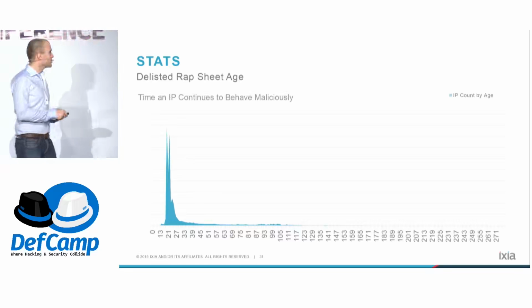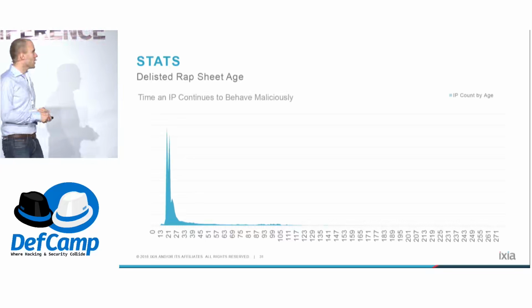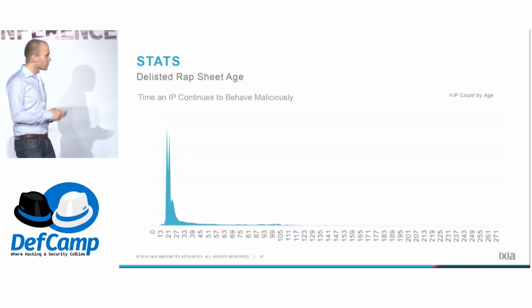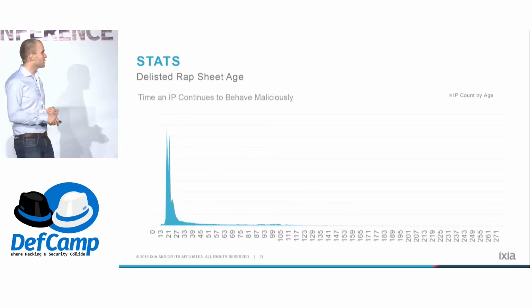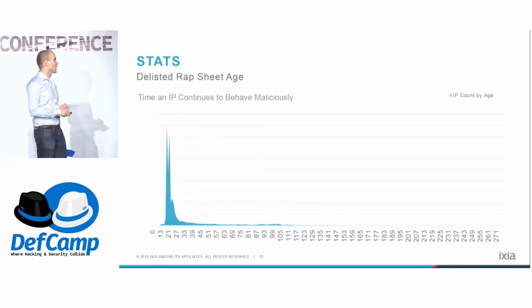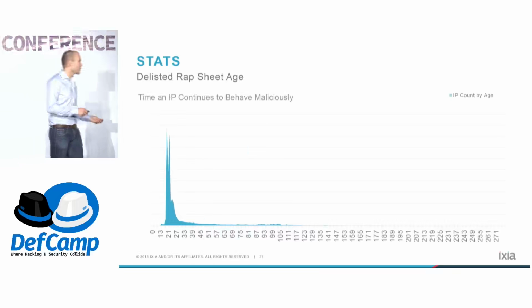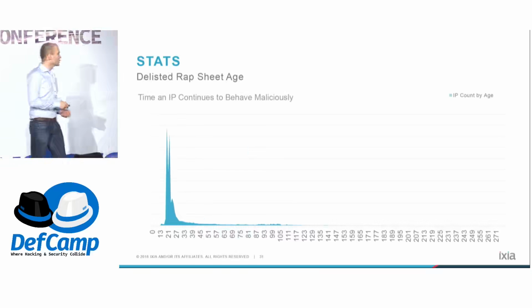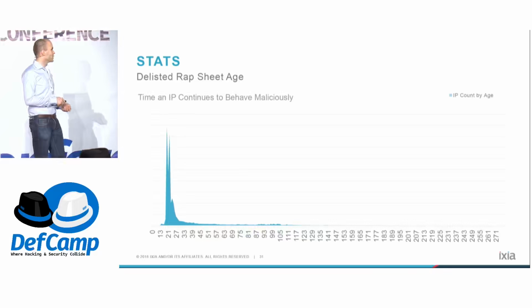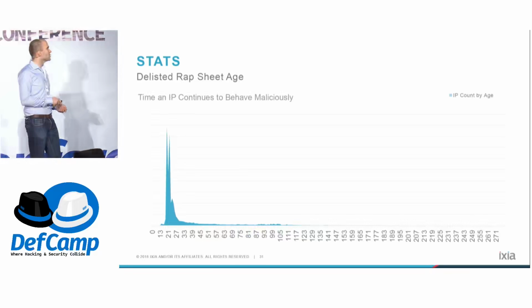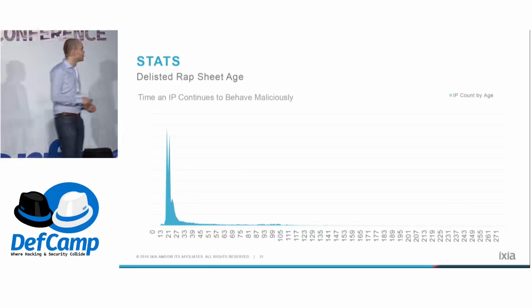And afterwards, you have a pretty long tail. As you can see from the previous graph, we also have IPs that got delisted after 250 days, for example. Most of them, and this makes it a really dynamic system, get delisted after 30 days.